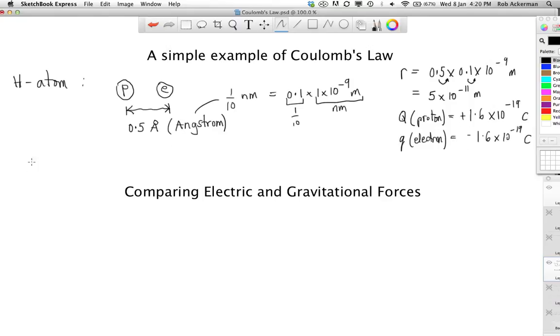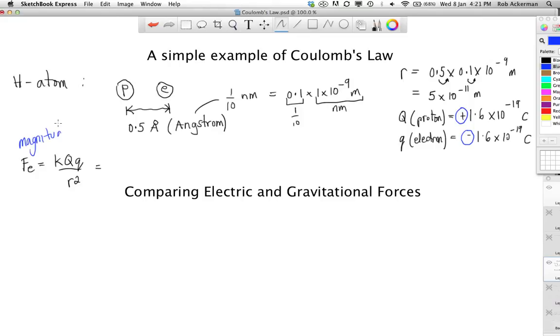Now, when you're writing out the force formula, K big Q little q over distance squared, students always ask me, do I have to sub in the positive and the negative? Well, you can if you want, but it's not necessary, and I'll tell you why. This formula is really telling you the magnitude of the force.